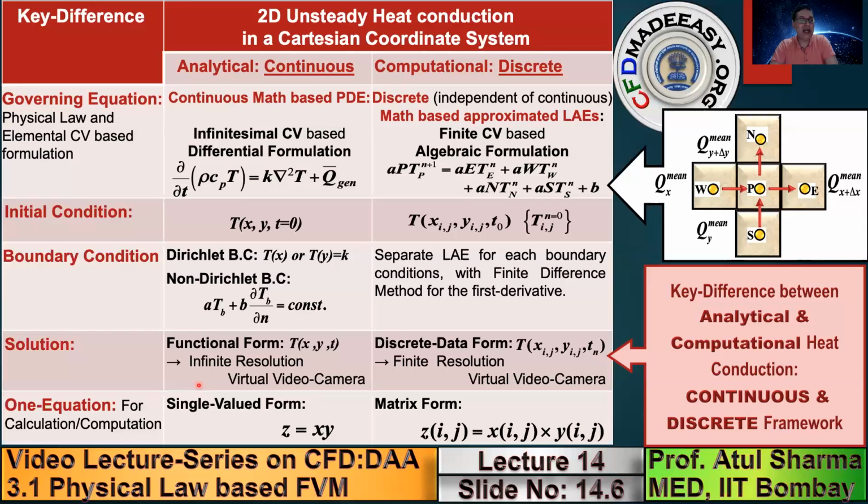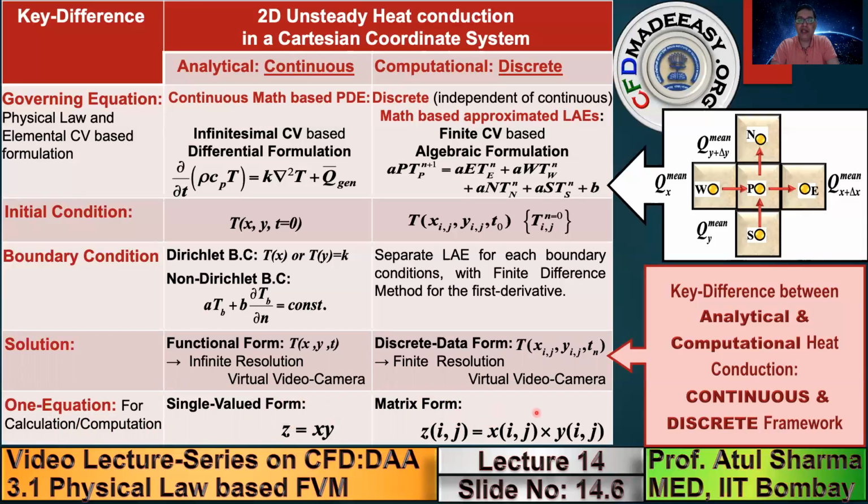Finally, I would like to highlight that in an undergraduate course you derive only one formula, like (T minus T1) divided by (T2 minus T1) is equal to x by L, and you use a calculator to solve it. So you have one equation for calculation. In computational heat conduction also, we derive only one equation.